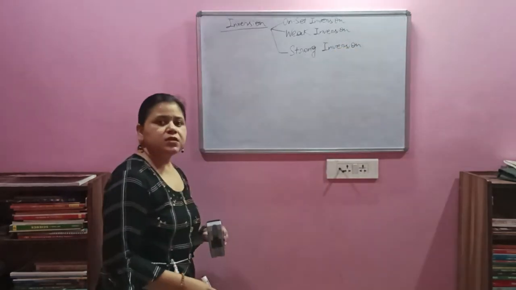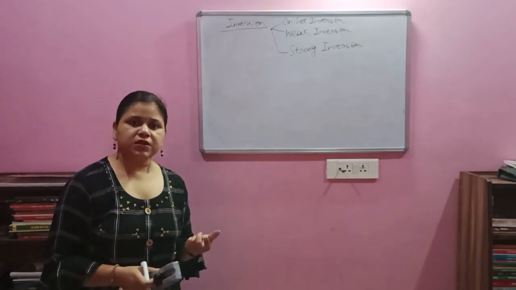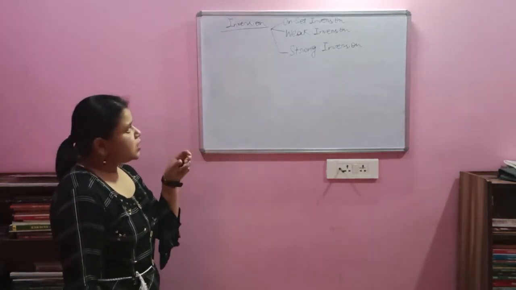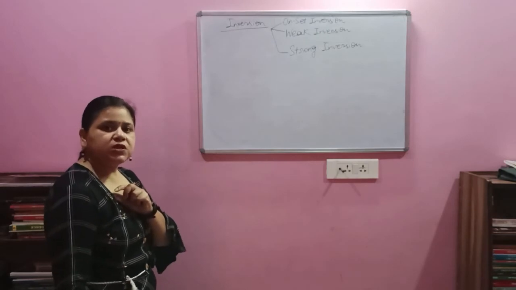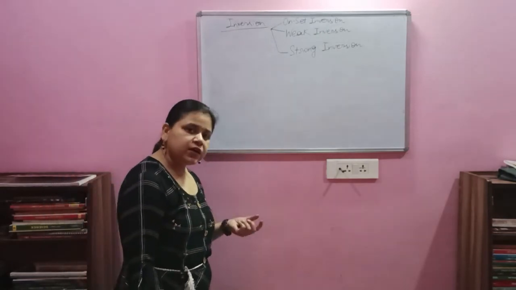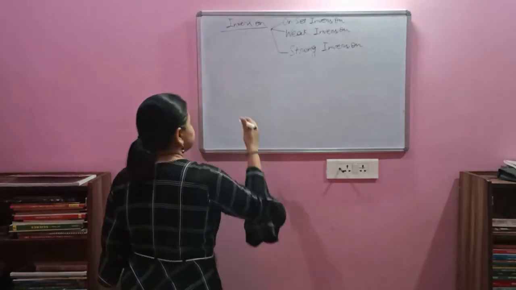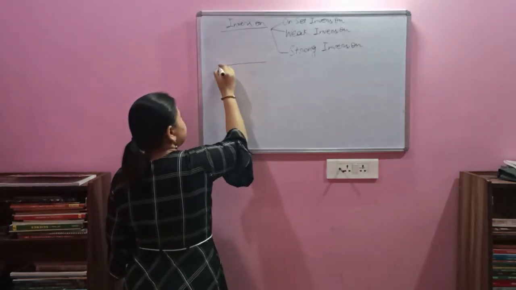So this inversion process has 3 steps in it, and it starts from the onset of inversion. The intermediate stage of the inversion is weak inversion, and the final stage of the inversion process is strong inversion. So again moving into the process.